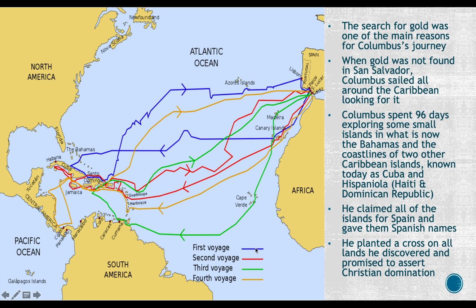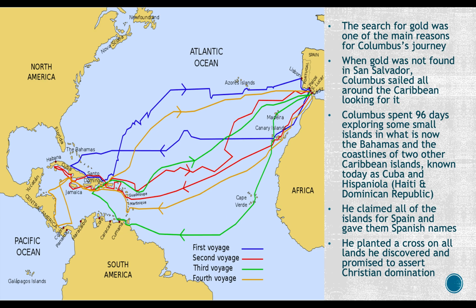All right, so when gold was not found, Columbus sailed around the Caribbean looking for some gold, but he could not find that. Columbus spent 96 days exploring some small islands in what is now known as the Bahamas and the coastlines of two other Caribbean islands known as Cuba and Hispaniola, which is Haiti and the Dominican Republic.